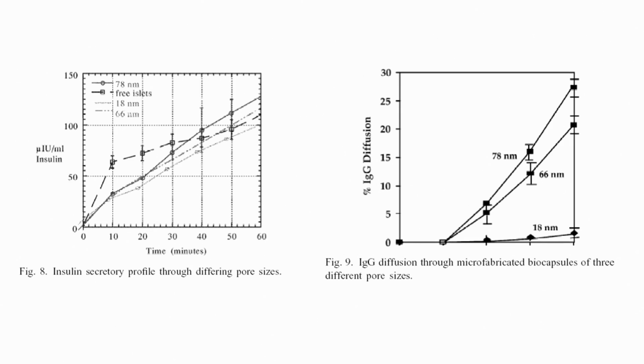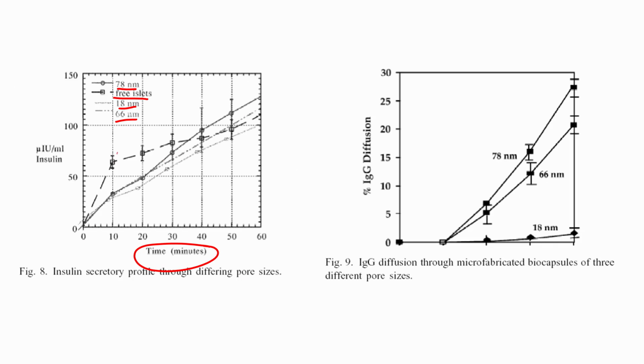So, this is what is done here: further analysis of what happens to the antibody at that size. You have free islets, and you are looking at the diffusion of insulin out from this device. You have free islets and different pore size devices, and what you find is that the diffusion of insulin is fairly equal for a longer duration.